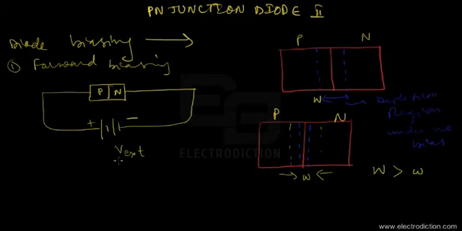And apart from that, the external voltage that is applied across the diode imparts sufficient kinetic energy to the majority carriers so that they can surmount the energy barrier and cross over the junction using this amount of energy as required.